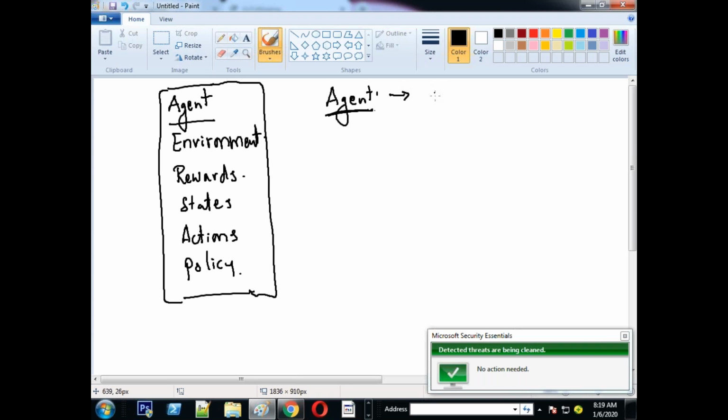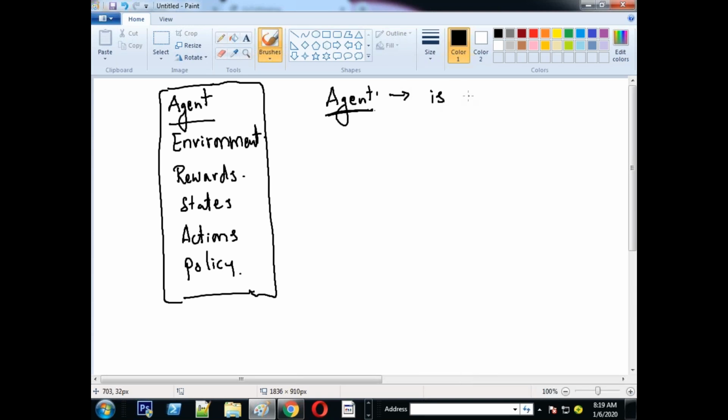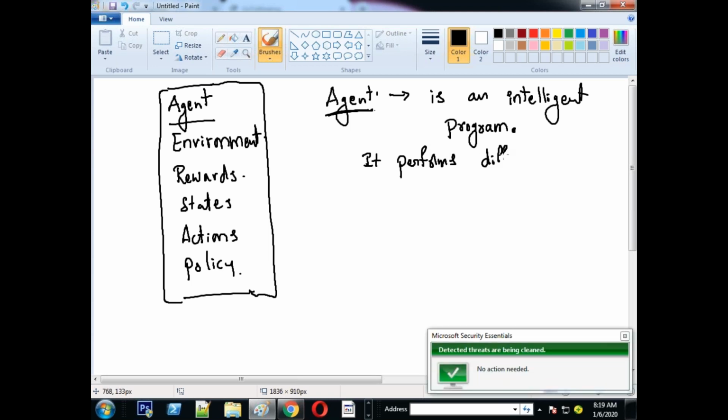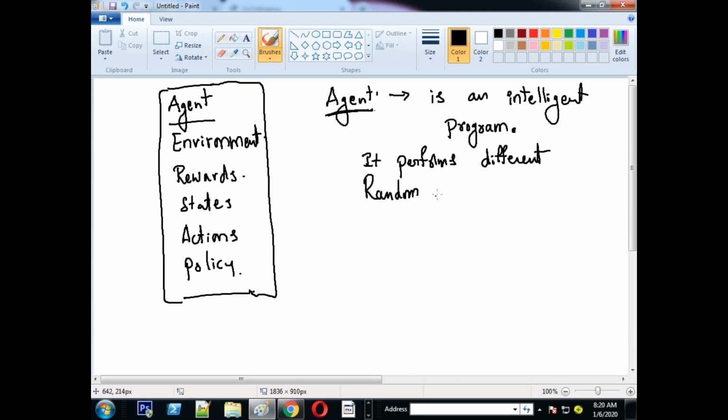The agent is an intelligent program. It performs different random actions in a given environment.